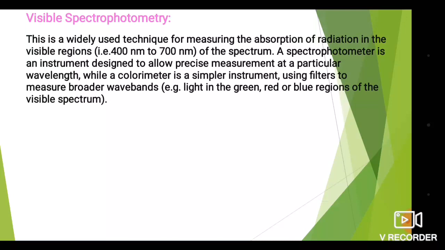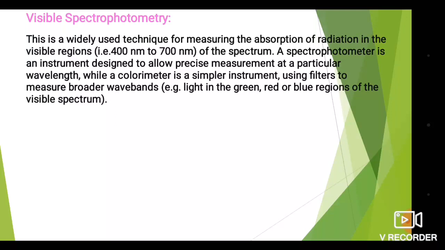So what is visible spectrophotometry? This is a widely used technique for measuring absorption of radiation in the visible region of the spectrum.